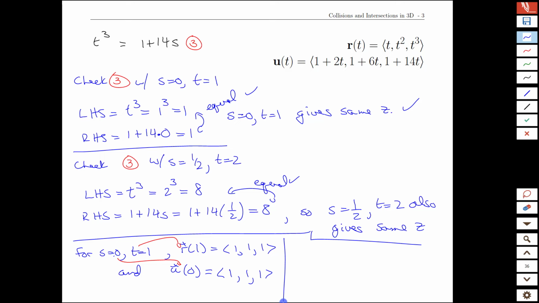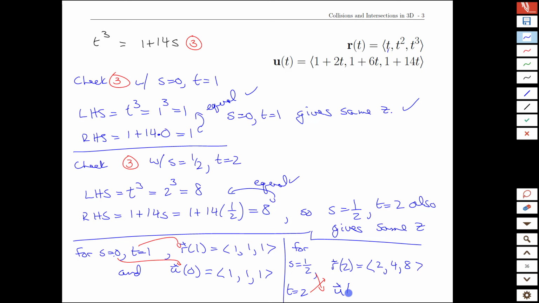Just to compare and contrast, for s equals 1/2 and t equals 2, try not to get these mixed up. It's awkward with the labeling that I did there. But r, which uses the time value t, when evaluated at 2, my apologies, the second solution was 1/2 and 2. r of 2 is going to be 2, 2 squared, 2 cubed, or 2, 4, and 8.